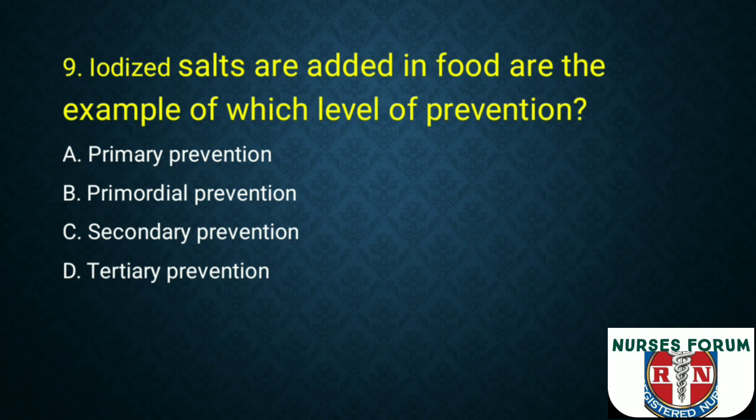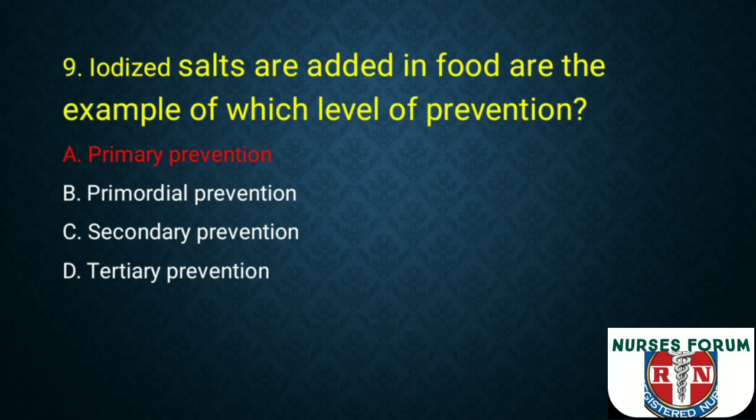Next question. Iodized salts added in food are the example of which level of prevention? Options: primary prevention, primordial prevention, secondary prevention, tertiary prevention. Right answer is primary prevention.